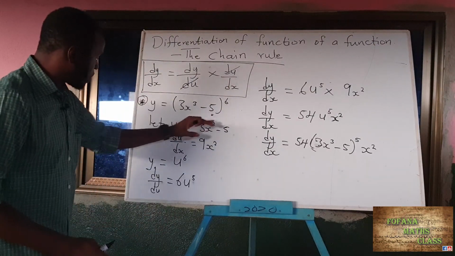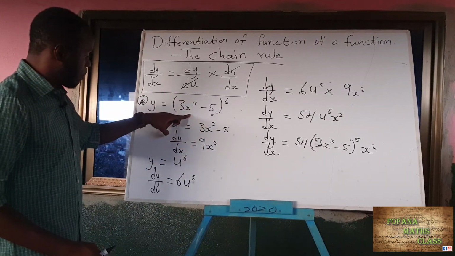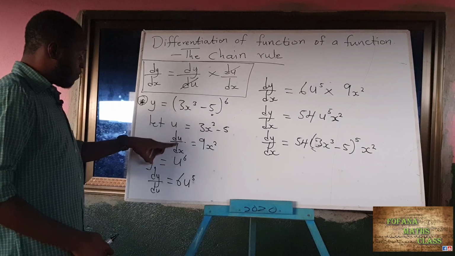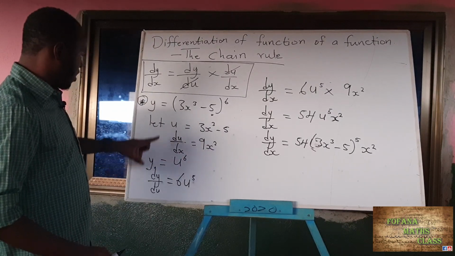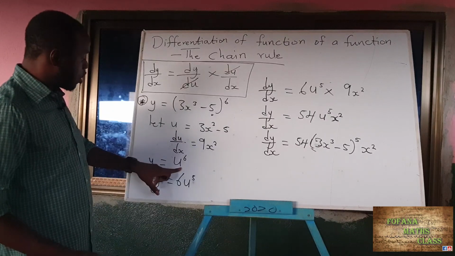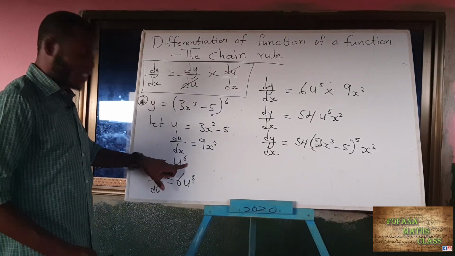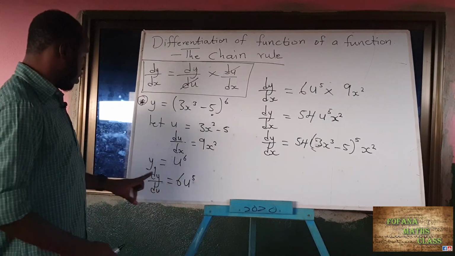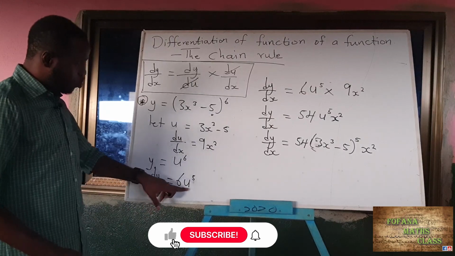First of all, when you have the question, you let u be equal to the expression in the bracket, then you differentiate u to get du/dx. After that, you rewrite the expression, which is y is equal to u to the power 6. Then you differentiate y with respect to u, which will be 6u to the power 5.